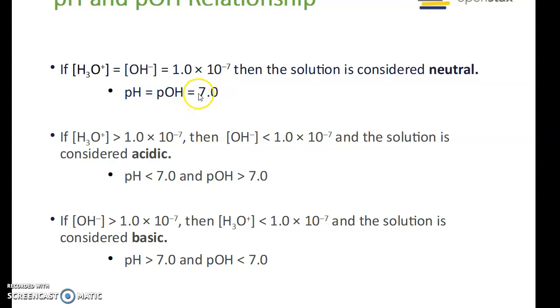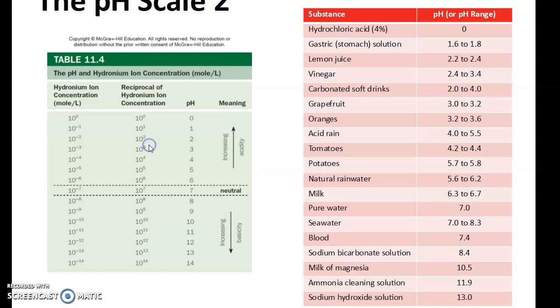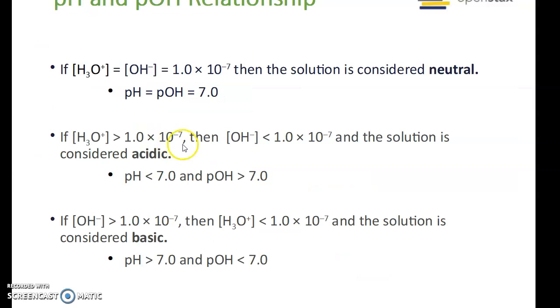And so instead of having minus 7 here, that's why it should be the minus log of that number. So pH less than 7 and pOH greater than 7 means the solution is acidic. If a pH is greater than 7 or the pOH is less than 7, you have something that is basic.